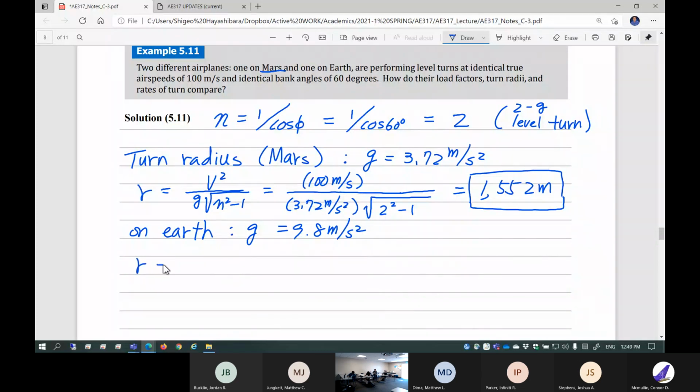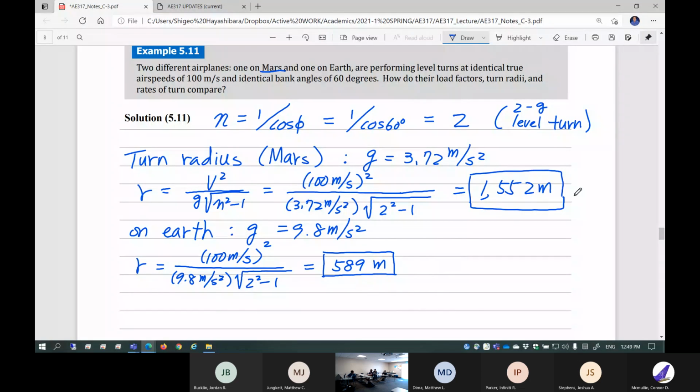So if you plug into the same equation, 100 meters per second, this is 9.8 meters per second squared. He's supposed to be squared, right? That's right, squared, sorry, I forgot. 100 meters per second squared, 9.8 meters per second squared, g times square root 2 squared minus 1 is going to get you 589 meters, which is a significantly smaller radius on Earth. Obviously, because gravity is higher.